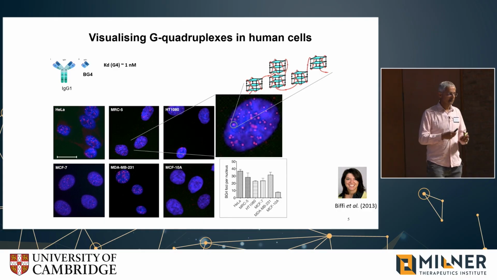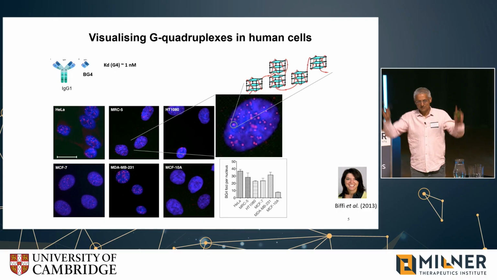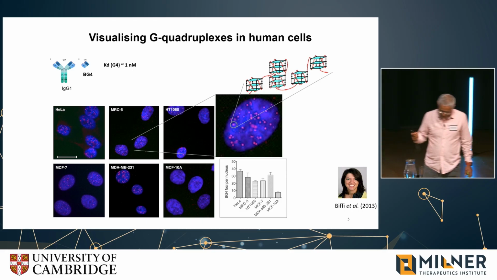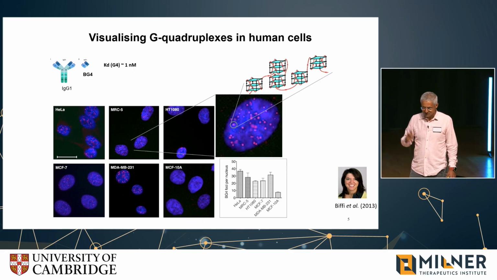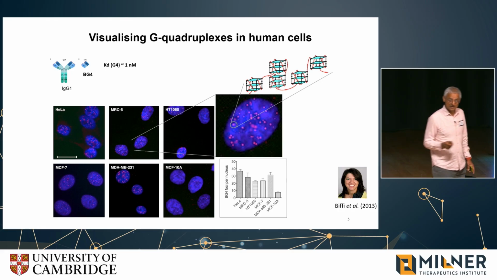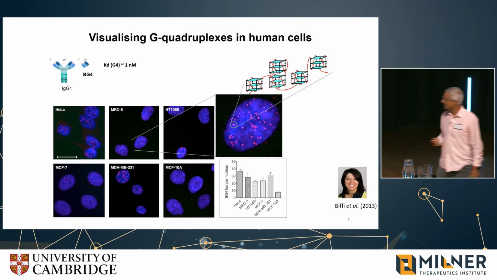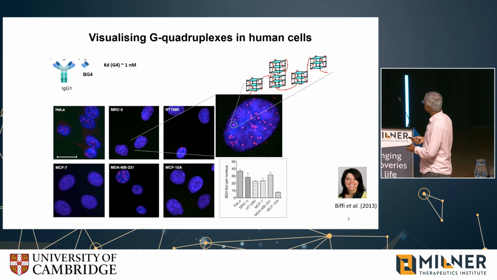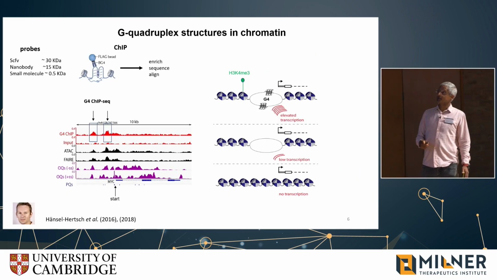And this was really the first time we could sort of see them in cells. And, you know, I enjoyed presenting this data to my friends who told me 10, 15 years earlier that I was wasting my time and why didn't I do something useful. Now I'm going to come back to that.